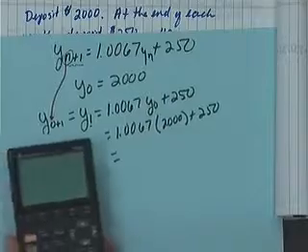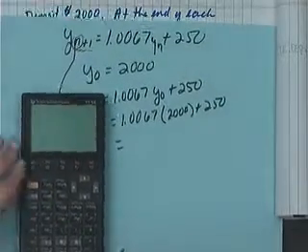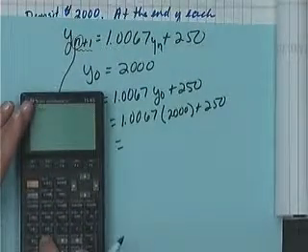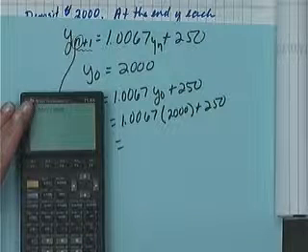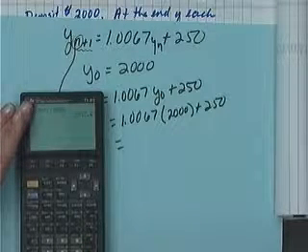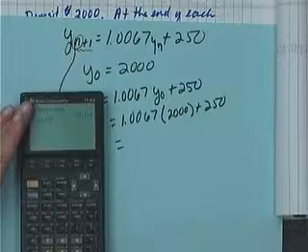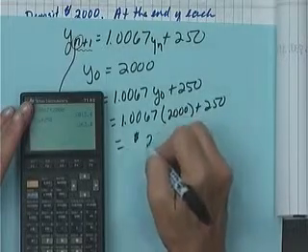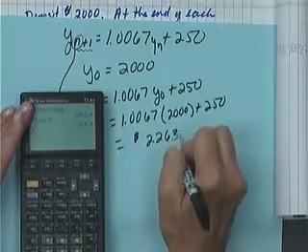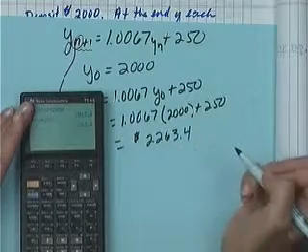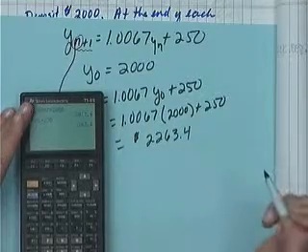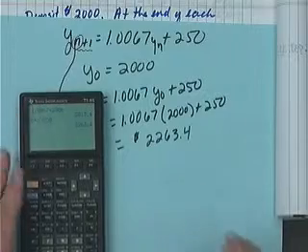Let's turn it on. 1.0067 times 2,000 plus 250. And at the end of the first month, that is how much I would expect to be in my account.